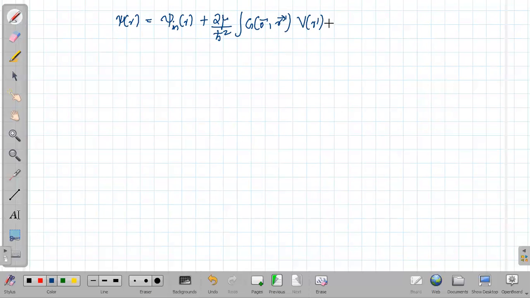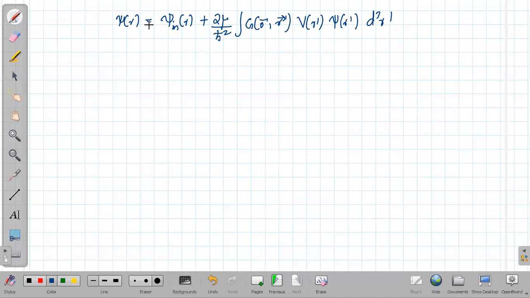So hence our equation, the integral form, psi of r becomes psi incident of r plus 2 mu by h bar square integral g of r comma r prime v of r prime psi of r prime d cube r prime.